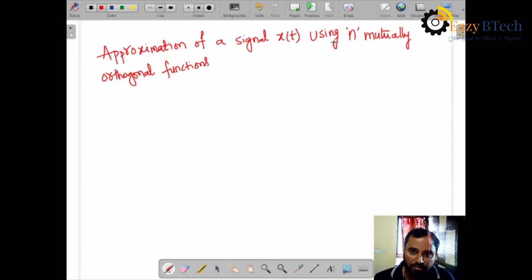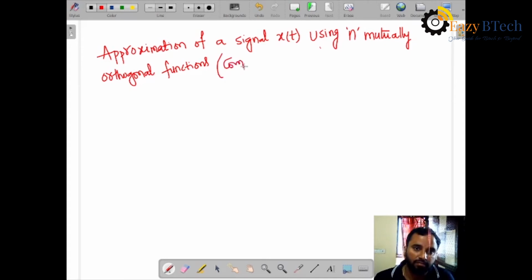This n mutually orthogonal functions are a complete set of functions, a complete set of mutually orthogonal functions. So here I want to stress on complete set. So using a complete set of n mutually orthogonal functions, that is the topic.